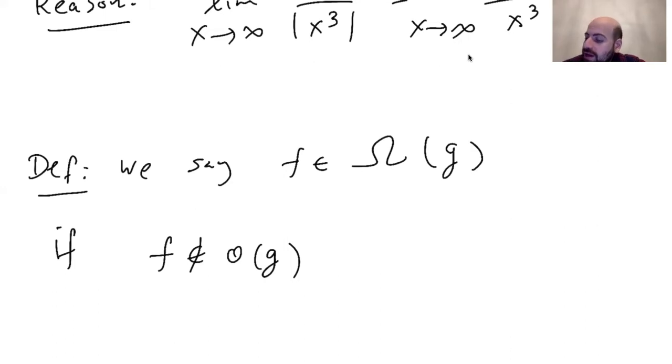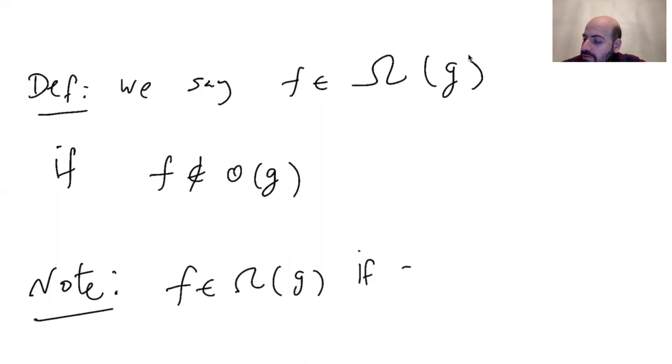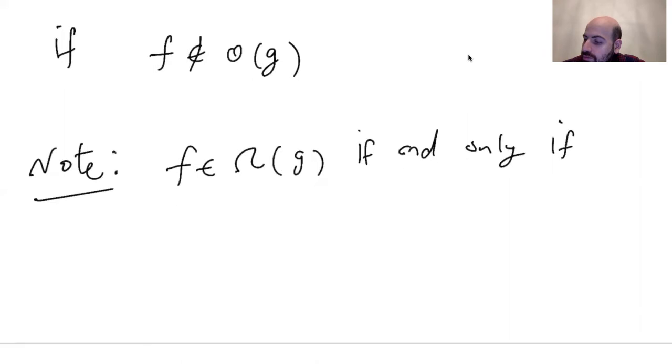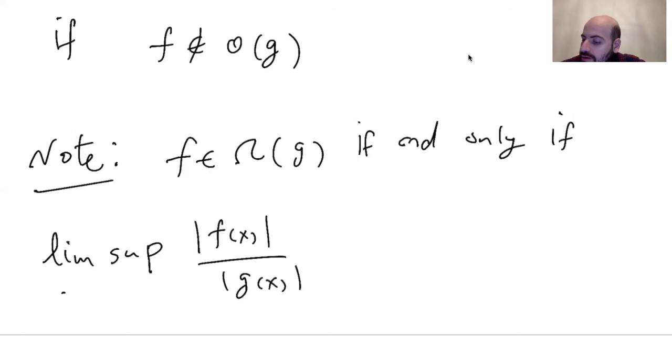So this is equivalent: f belongs to capital Omega of g if and only if the lim sup of the absolute value of f(x) over the absolute value of g(x) as x goes to infinity is positive.